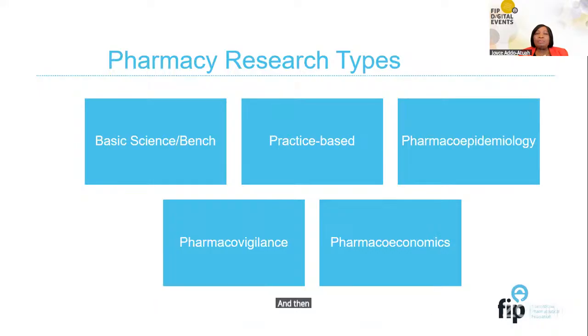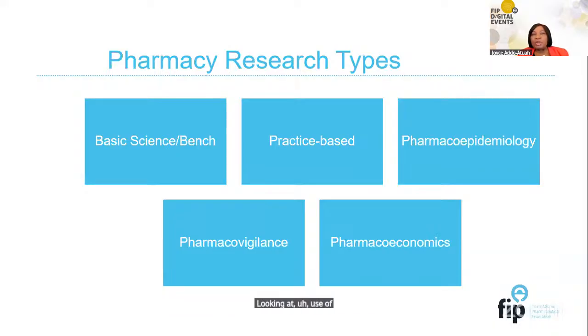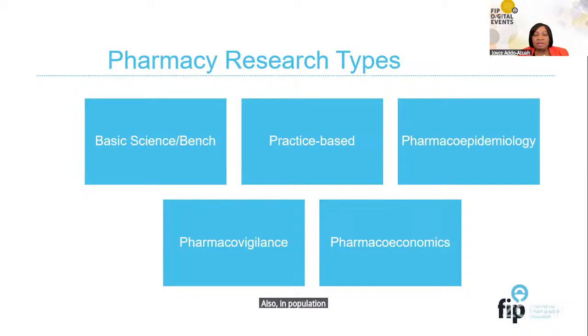And then on the population side, where I am, we have different types of research, like pharmacoepidemiology, looking at use of medications in the population and their outcomes. That's pharmacoepidemiology, using epidemiological principles. And then we have pharmacovigilance, also in the population, monitoring the use and adverse effects in the community.